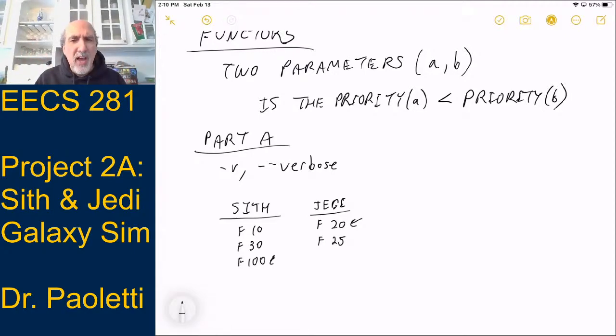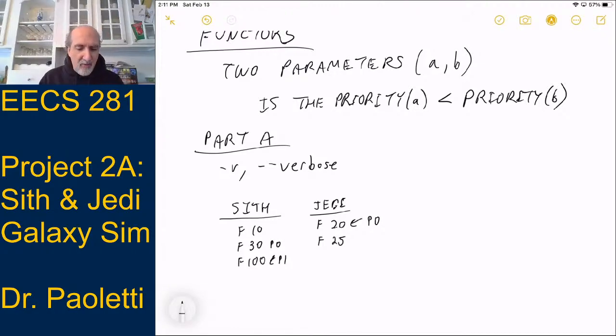Now, we have to have a separate priority queue, one for Sith, one for Jedi. But wait a minute. What if the highest force Sith and the lowest force Jedi are on different planets? Then they can't fight. Let's say this one is on planet 1, this one's on planet 0, and this one's on planet 0 also.